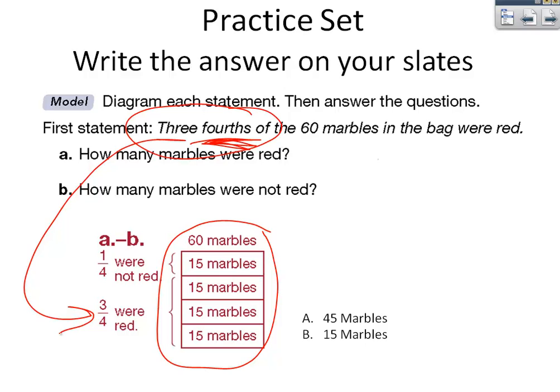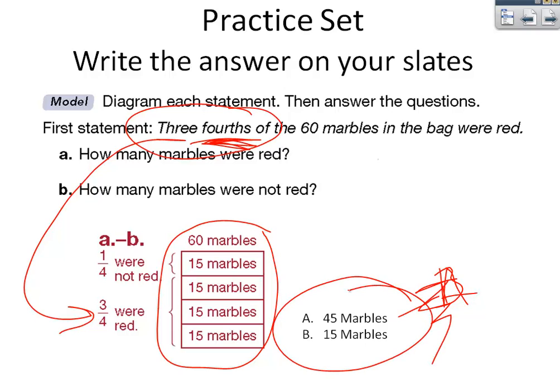So how many marbles were red? This should be B right here. 45 marbles were red, and 15 marbles were not red. Sorry, I read those backwards. So you know right here, 45 of them were red and 15 of them were not.